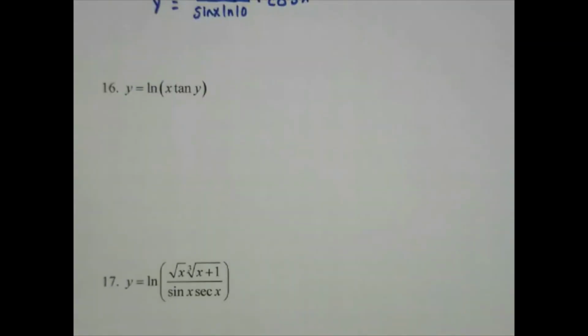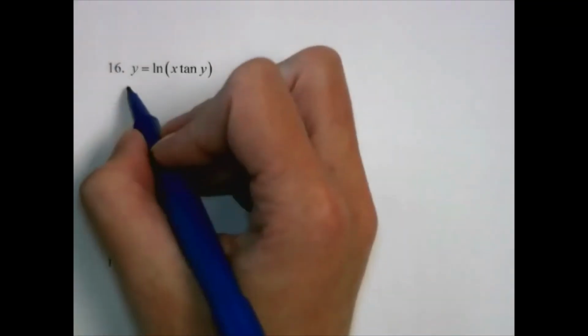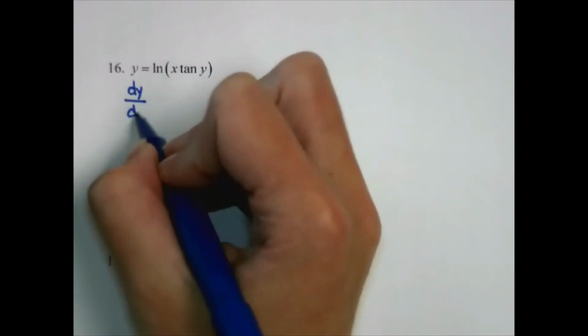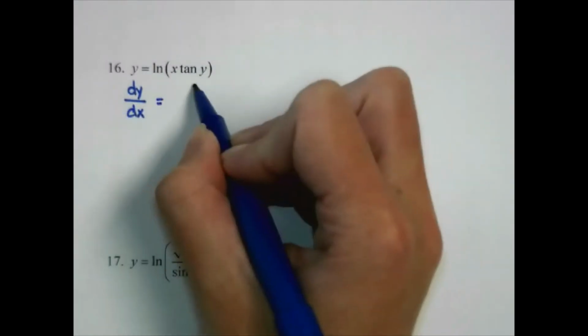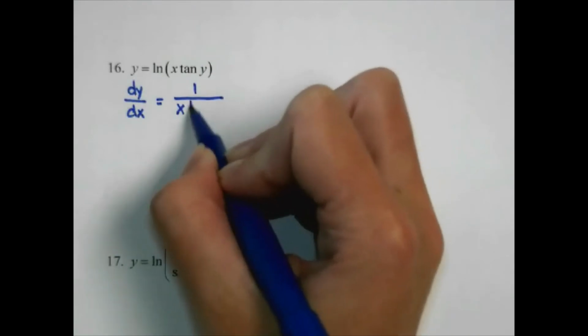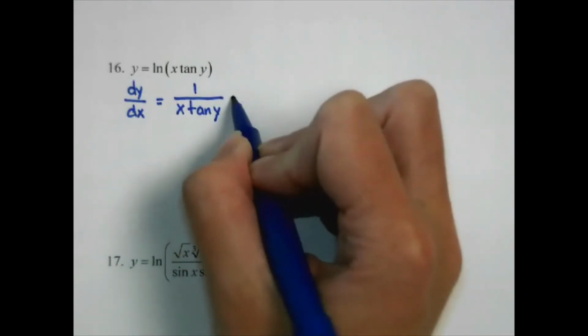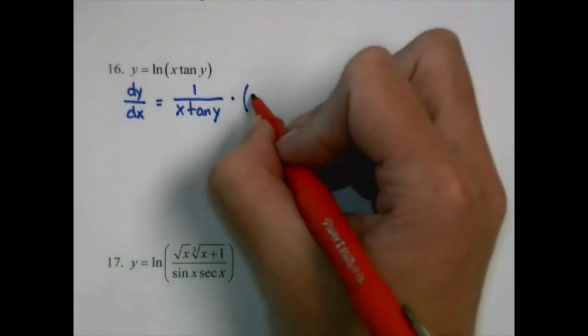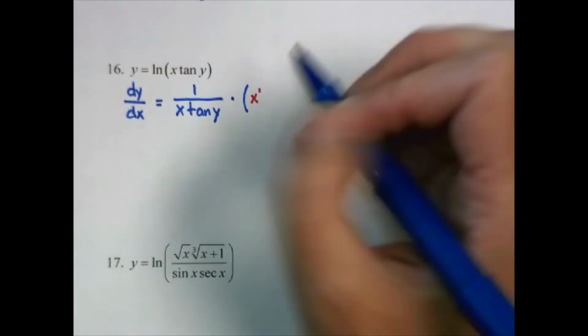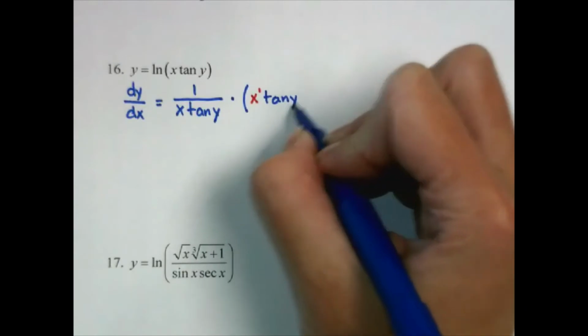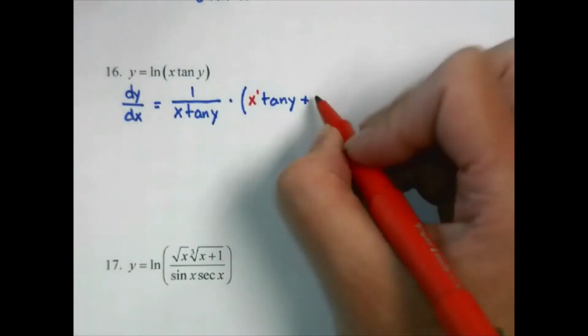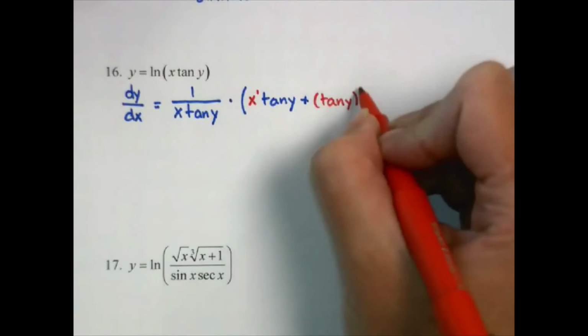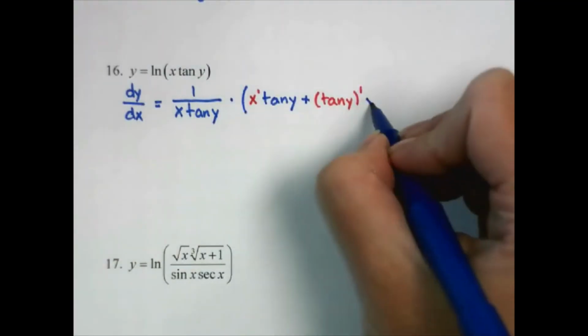This next one, we're going to have to do an implicit derivative. Okay, so dy dx is equal to 1 over x tangent y times the derivative of x tangent y, which is a product. So we're going to have x prime tangent y plus the derivative of tangent y times x.